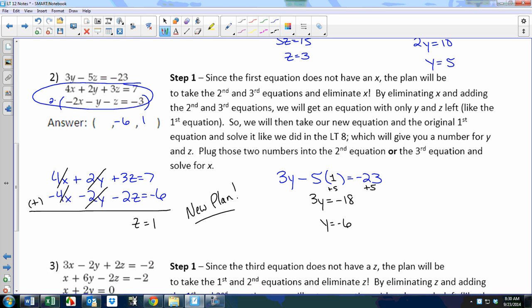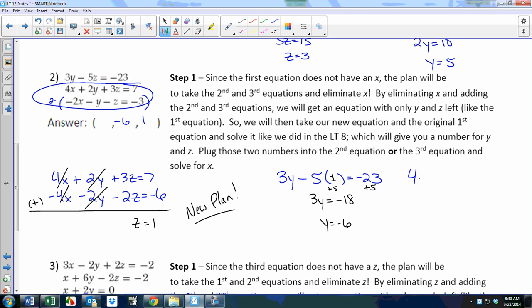All right, how are we going to find the last one? It doesn't matter which equation you pick, the second one or the third one. But take one of those two, take your y value negative 6 and your z value 1, plug them both in and find the x. I like the first one, the 4x plus 2y plus 3z, because it's all positives, and I like dealing with positive numbers, so it's just a preference thing.